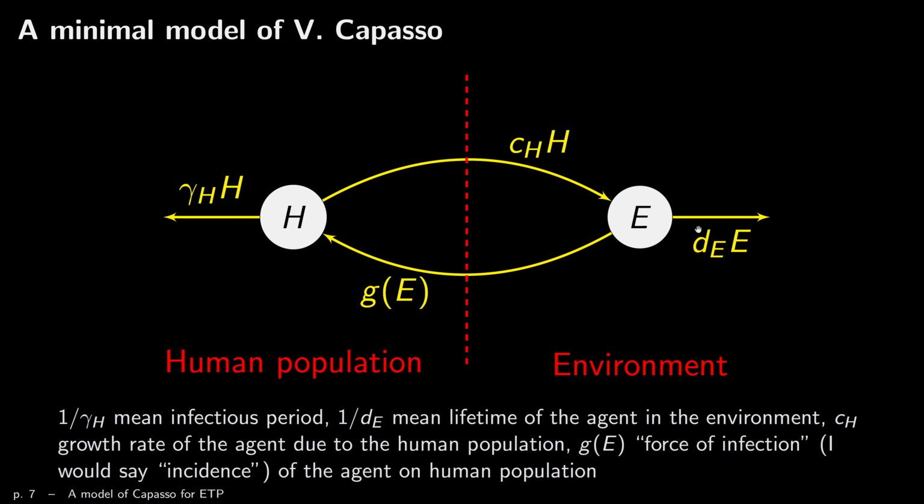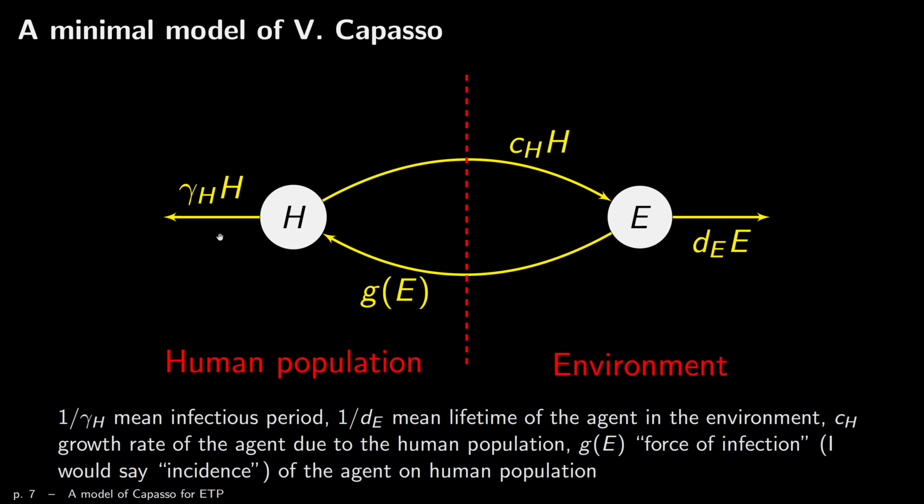DE here is the inverse of the average lifetime of a pathogen agent in the environment. That rate of movement out of E is simply saying how fast pathogens are evacuated from the environment because of their death.